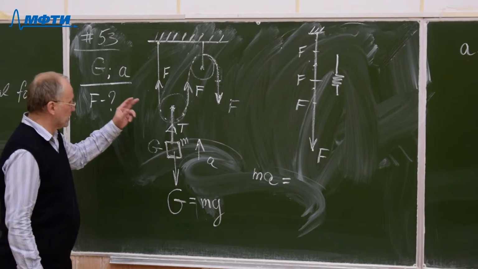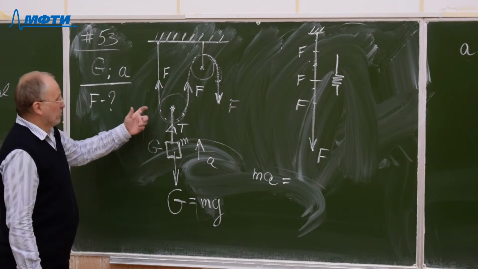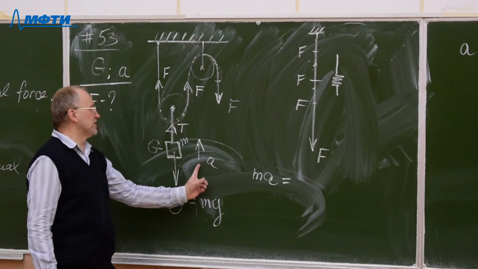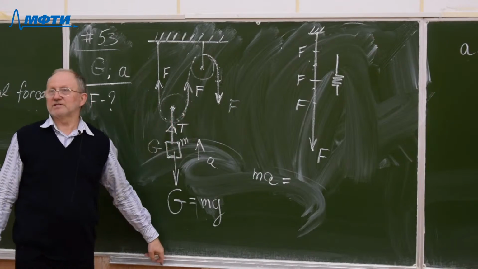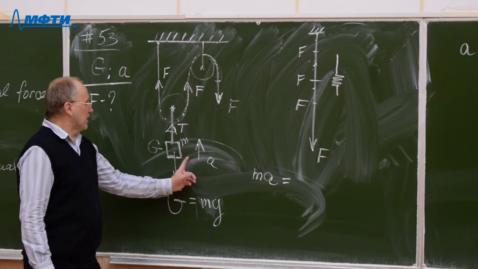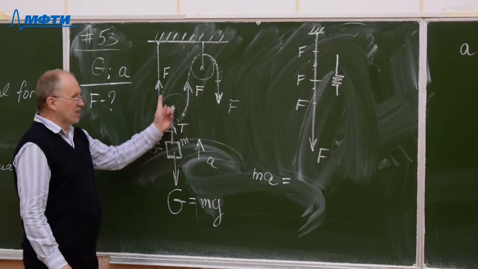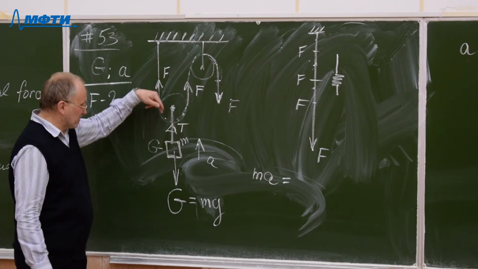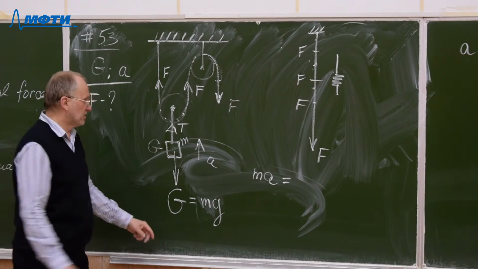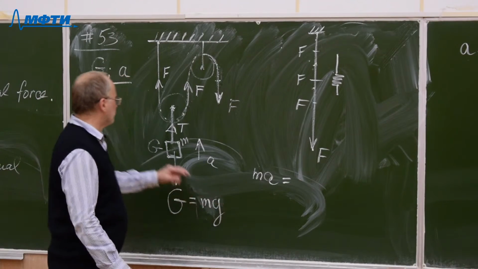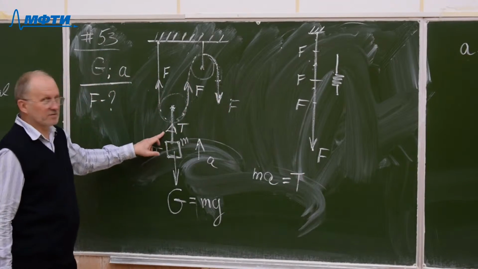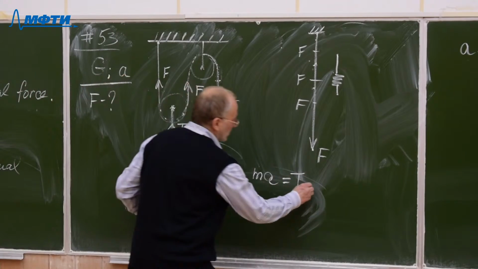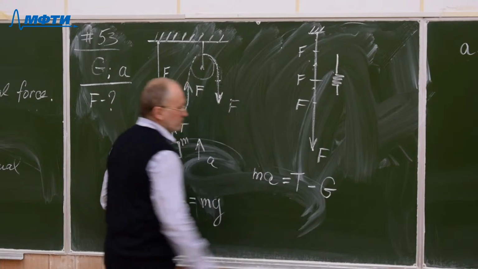The net force is what? If we have chosen the positive direction upward, then downward will be the negative direction. And then all the vectors directed upward will be positive, and all the vectors directed downward will be negative. And so in this equation, vector T directed upward will be positive, and mg directed downward will be negative.